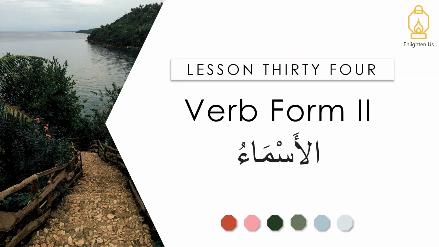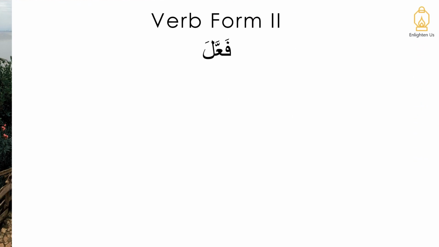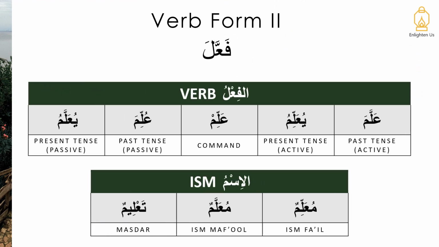You are joining us for lesson 34 and today we are revisiting verb form 2 but with the focus on al-asma. Now let's remind ourselves of the previous example. So for verb form 2 we looked at the first example, علم, يعلم, علم, علم, يعلم.